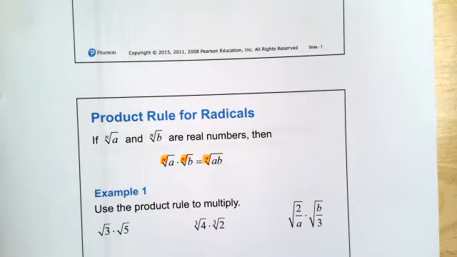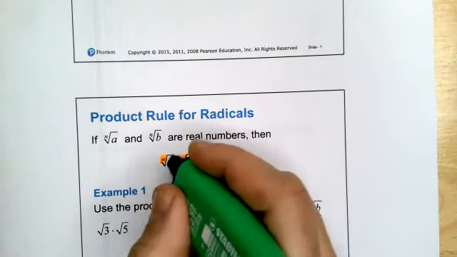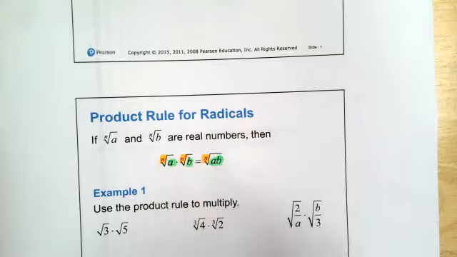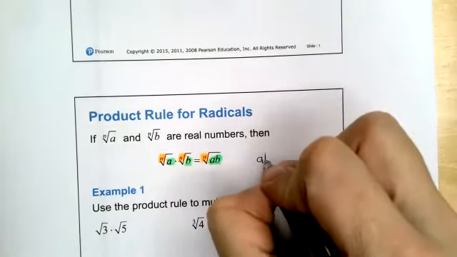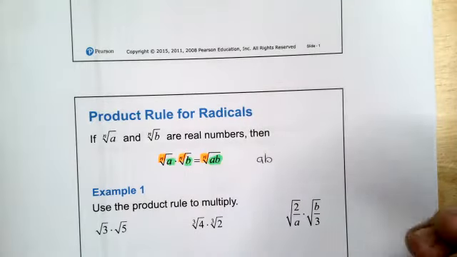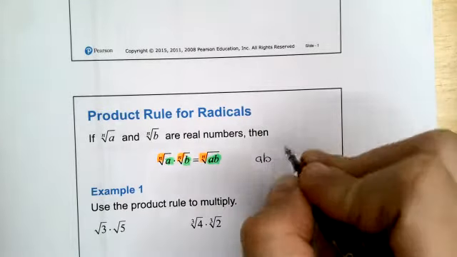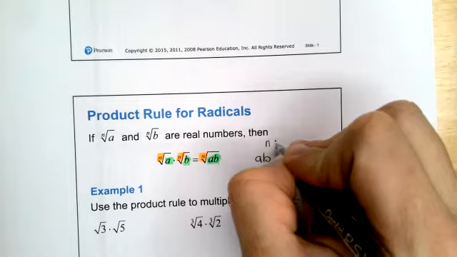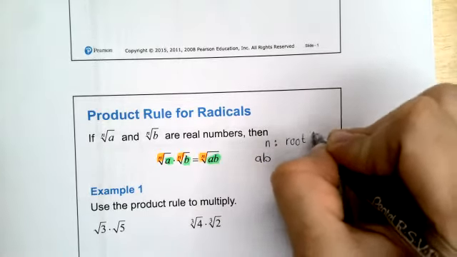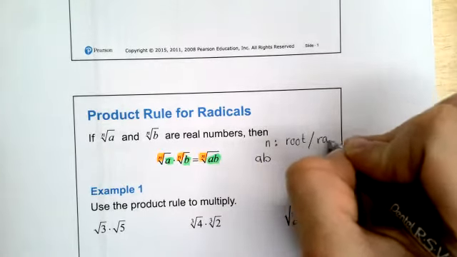Keep the root and multiply what is under it. So a times b becomes ab. AB in this case is just what is under the radical. N can be called the root, or it can be called the radical.